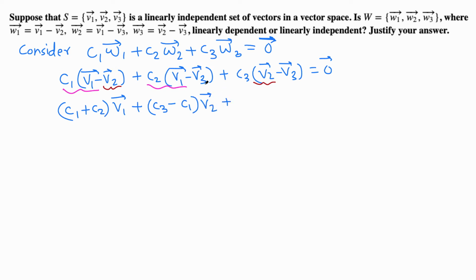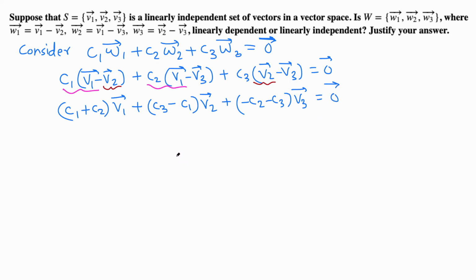In the same way, I got c2 v3 and c3 v3. So c2 v3 is negative, c3 v3 is also negative, but let me write it this way: negative c2 minus c3 times v3, that is equal to 0.